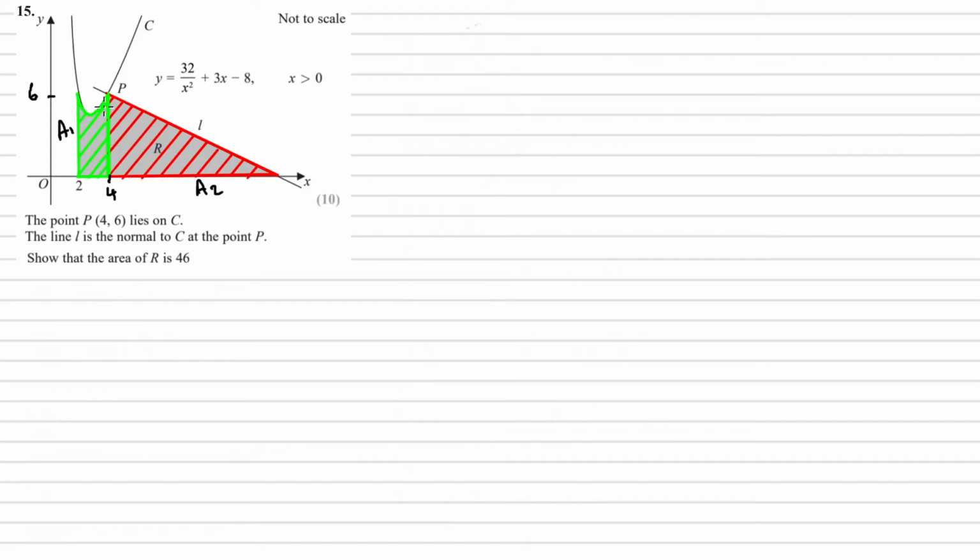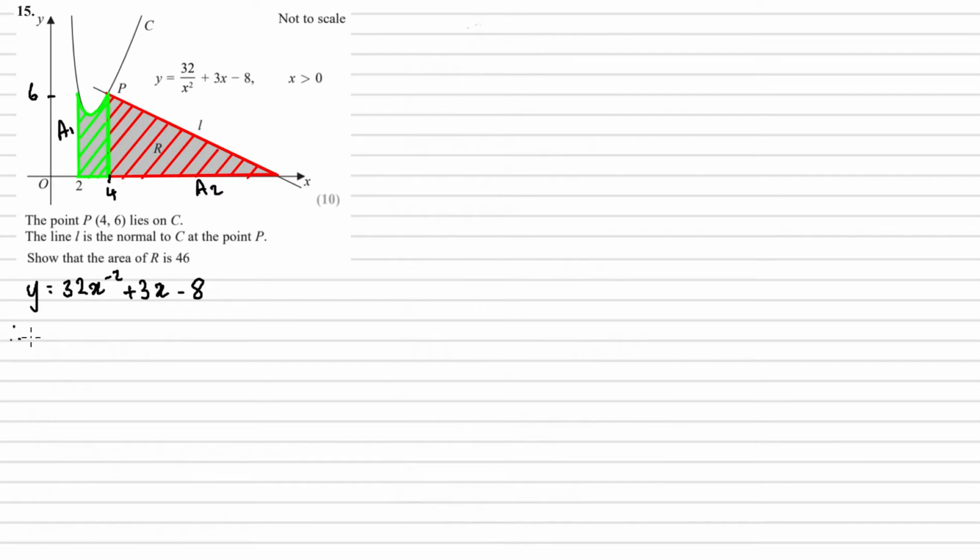so I can start off now by saying that y is equal to 32x to the minus 2 using my indice rules plus 3x minus 8. Okay, so all I've done here is I've just written out the equation of the curve and I've just used my knowledge of indice rules to bring up that x squared, okay, to make it easier to differentiate.